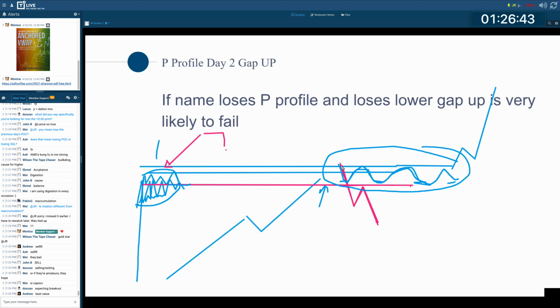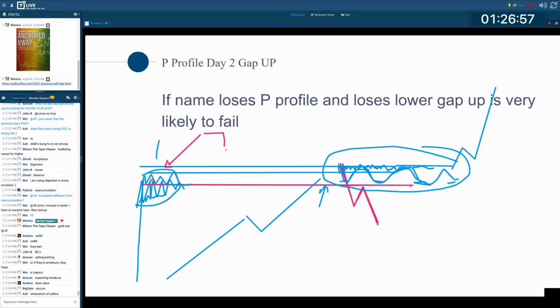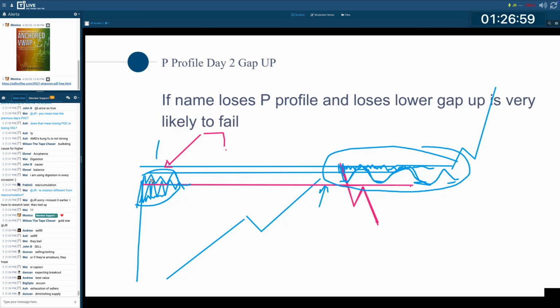And eventually, what mechanism is taking place at top of value here relative to that day 1 P-shaped profile? Right. Diminishing supply, absorption, right? The term that I'm looking for is absorption.